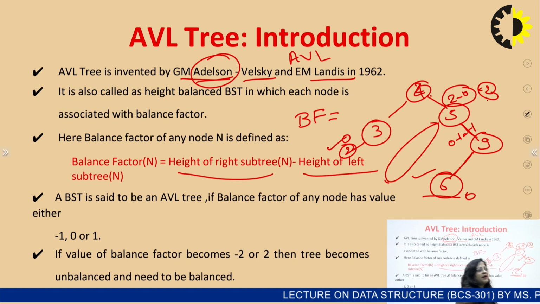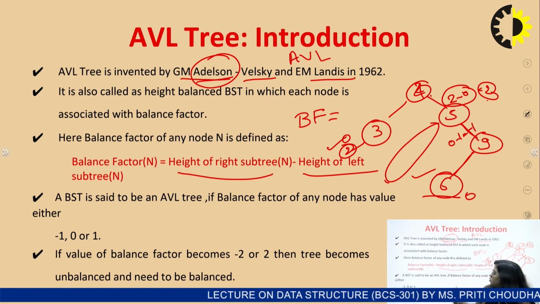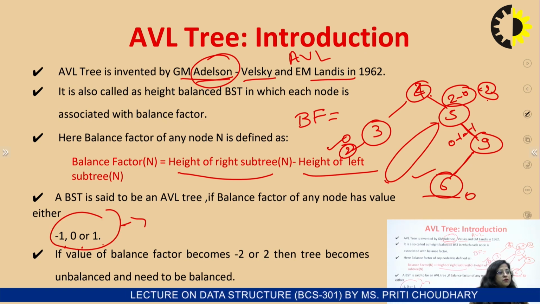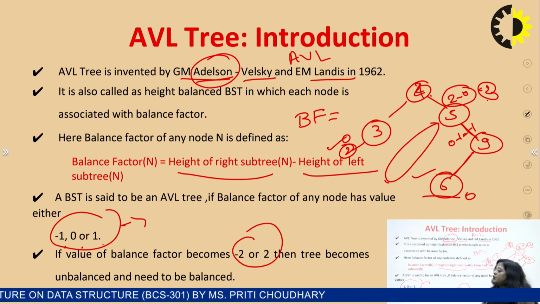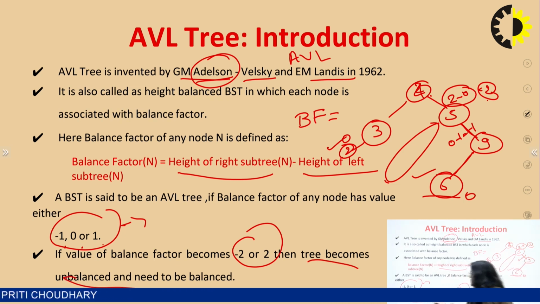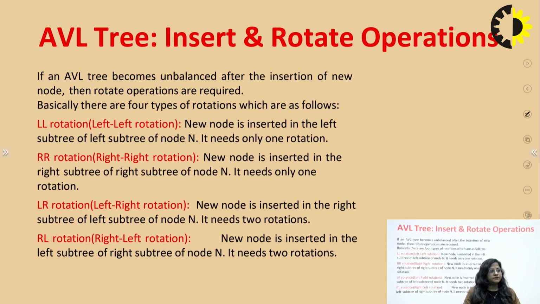It means the balance factor here is 2. So if the balance factor becomes 2 or minus 2, that time the tree is unbalanced and needs to be balanced according to rotation.